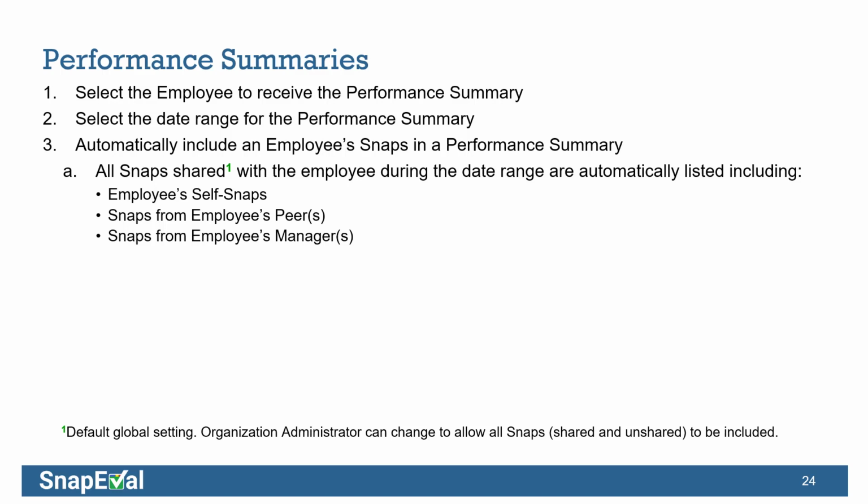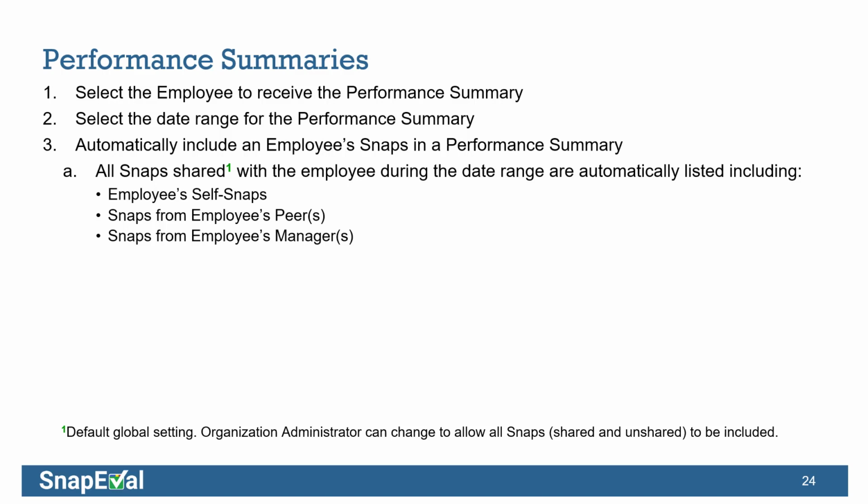It's really our feeling that that's a best practice because, again, hopefully both positive and developmental snaps will have been shared with the employee during the period of that year, as opposed to showing up for the first time for that employee within their performance appraisal, or their performance summary, as we call it.